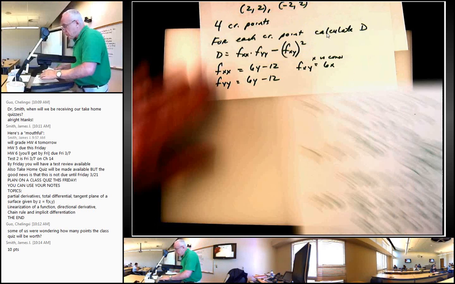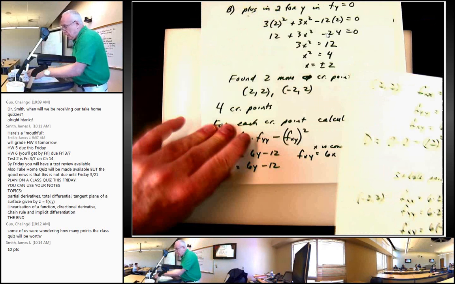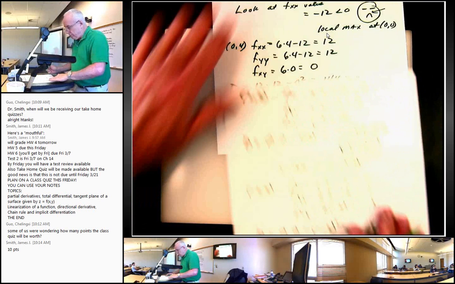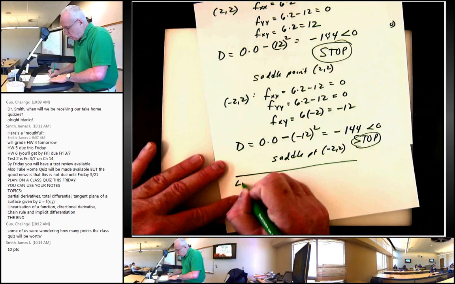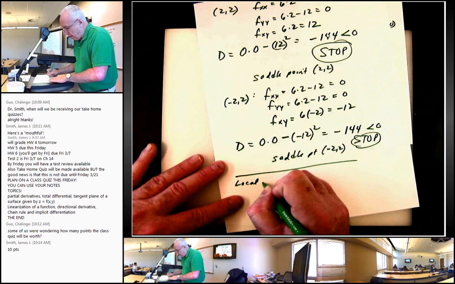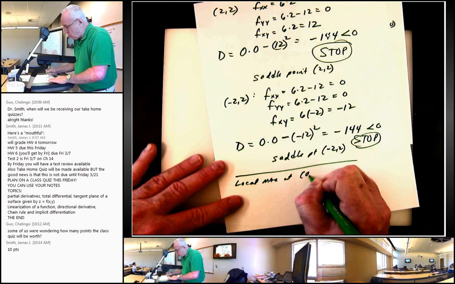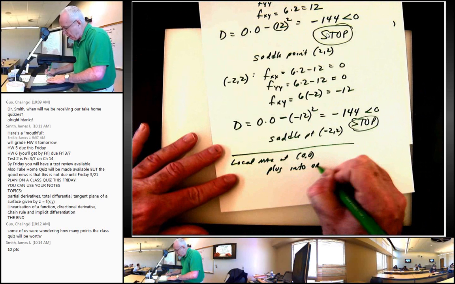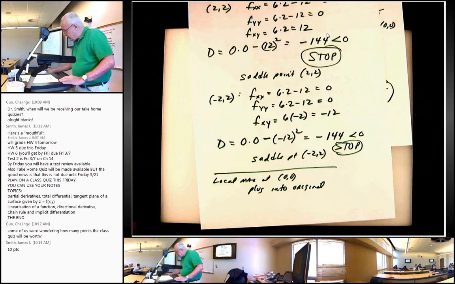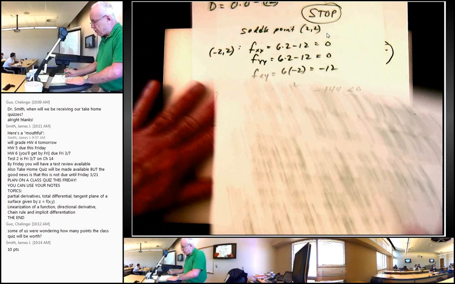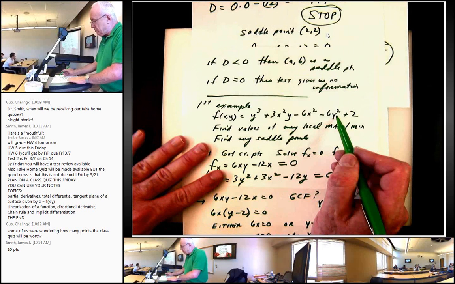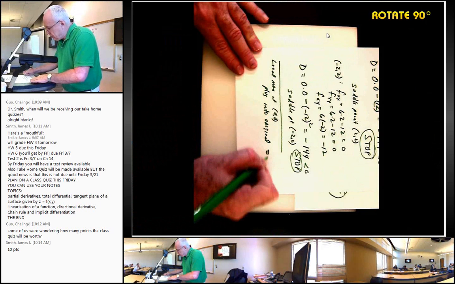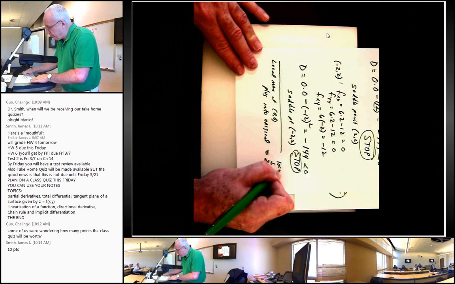So in this case, we found out we had a local max at 0, 0. We plug into the original function. In this case, everything's going to be 0, and it comes out to be 2. So this is a local max value.